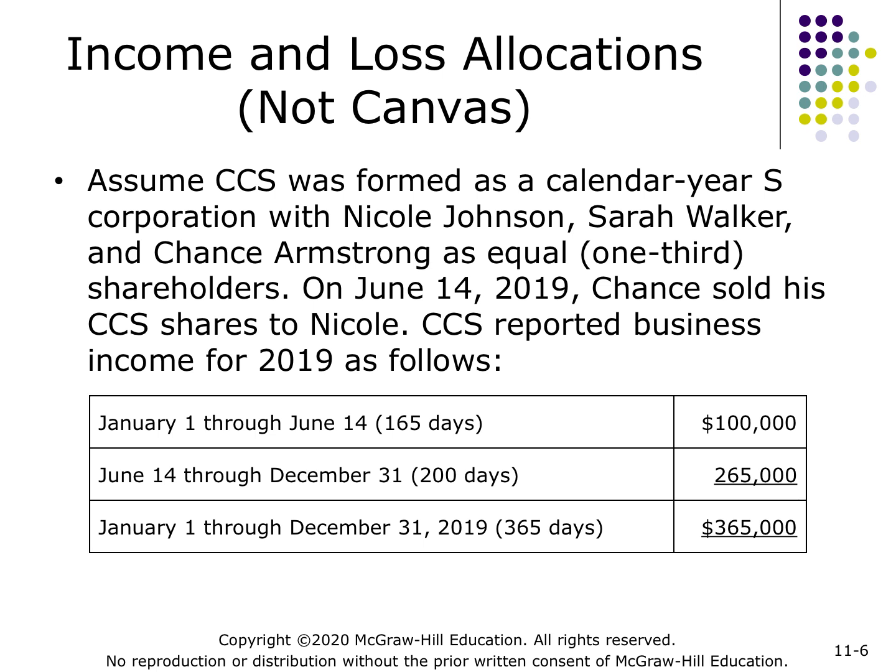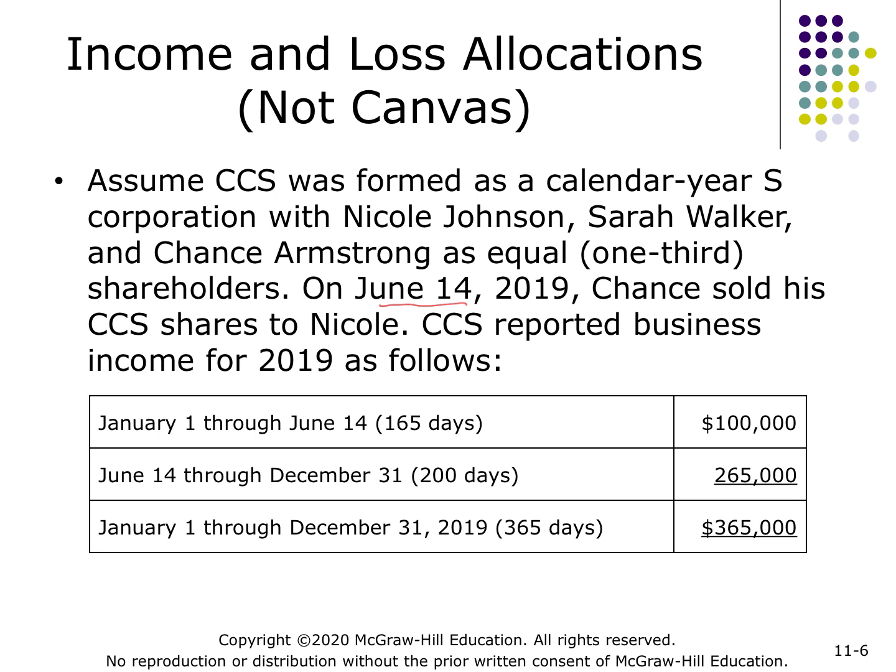All right, so here we have an example, and we assume that this S corporation was formed as a calendar year end, okay, and we've got 3 shareholders, all right, and they each have equal shares, excuse me, and then on June 14th, one of the shareholders sells his shares to another shareholder, okay?